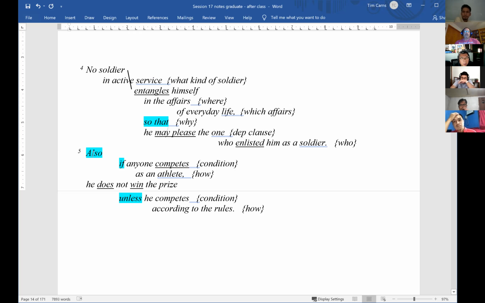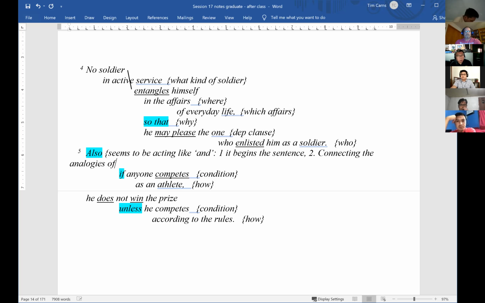Now we get to verse 5, and from what Ethan just said, this seems to be, based on the fact that, one, it begins the sentence, and two, it seems to be connecting the analogies of soldier and athlete.